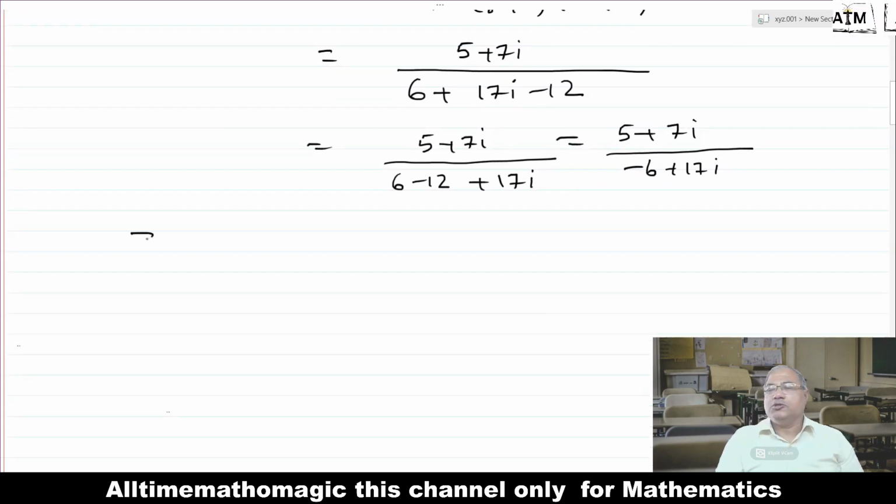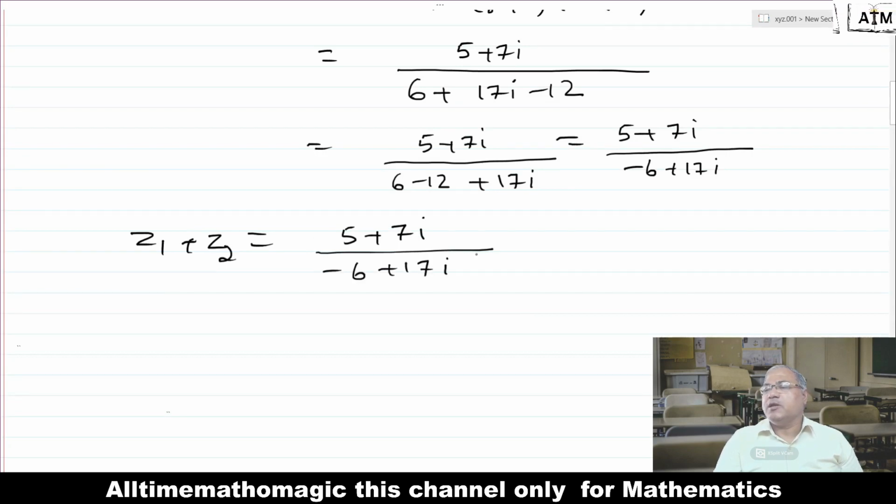So now Z1 plus Z2 equals 5 plus 7i upon minus 6 plus 17i.